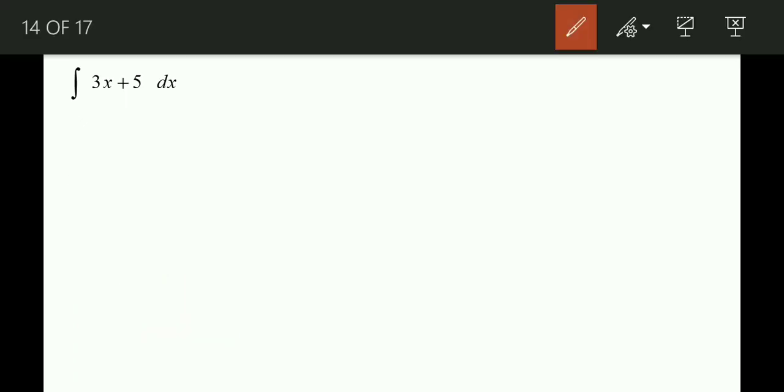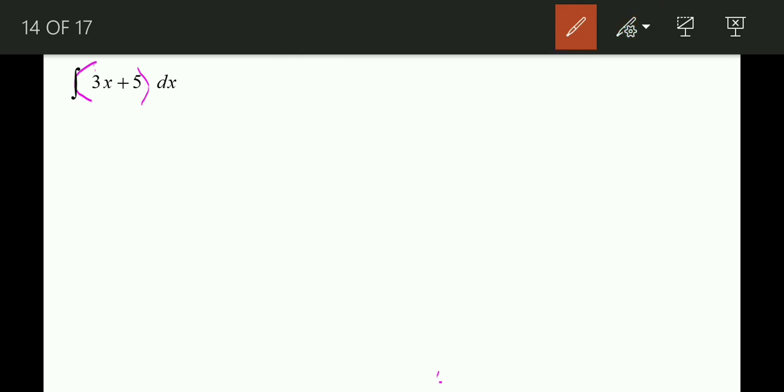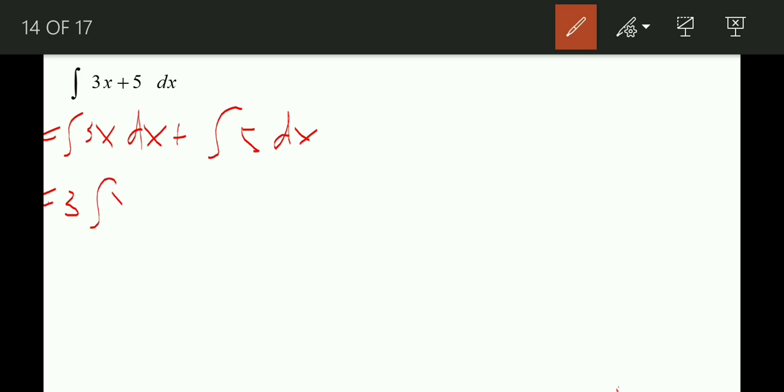Next example, the integral of the quantity 3x plus 5, dx. We first separate the two functions. This will become the integral of 3x dx plus the integral of 5 dx. Next, we separate the constant values as you can see. It will be 3 times the integral of x dx plus 5 times the integral of dx.